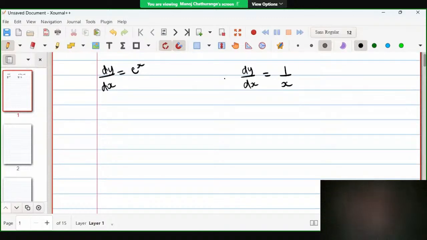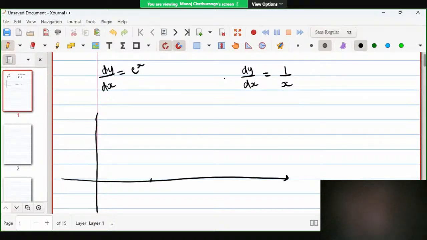If you think about the graph of natural log of x, log 1 is 0, and before that point, natural log is always negative, and after that, natural log is always positive.